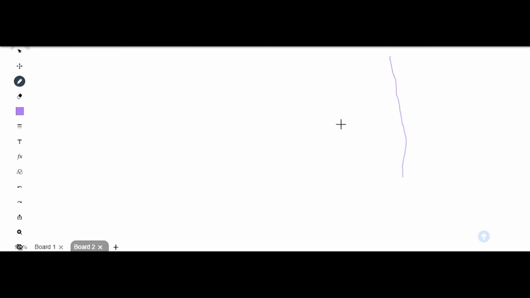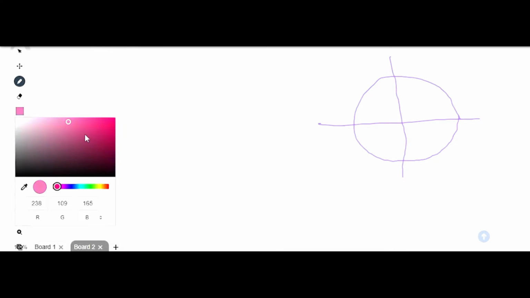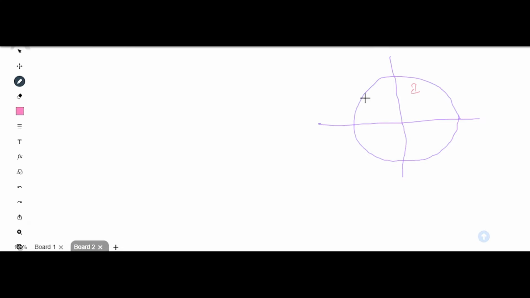You consider this circle, and as I told you about the quadrants, this is the first quadrant, this is the second quadrant, third quadrant, and fourth quadrant.